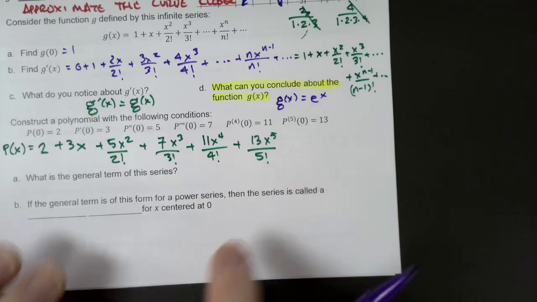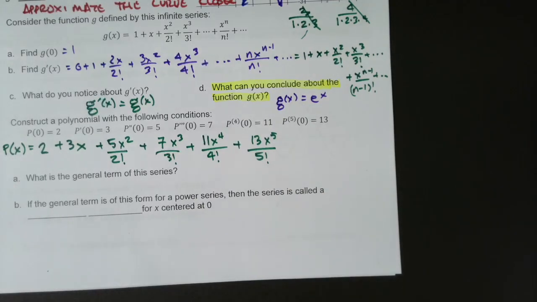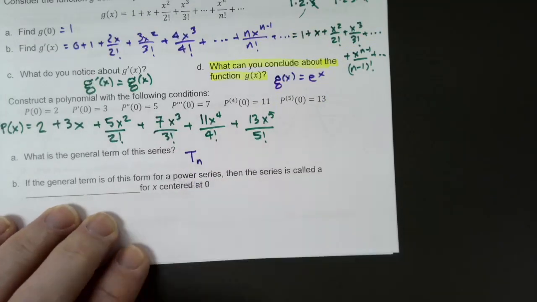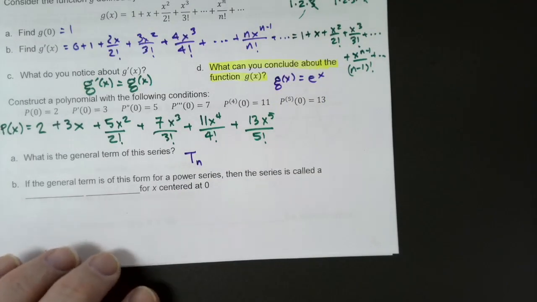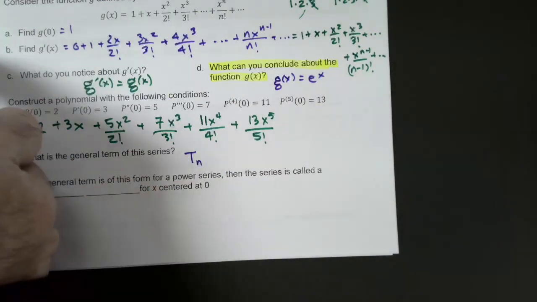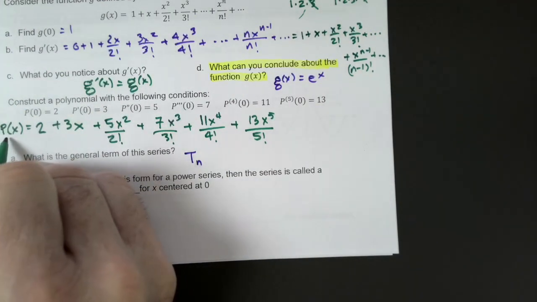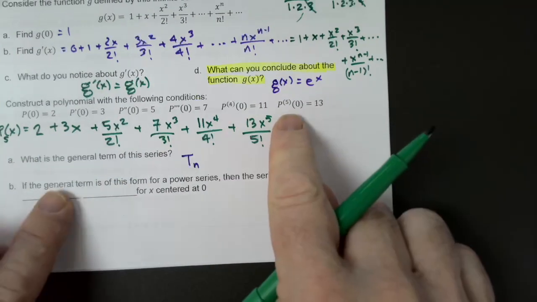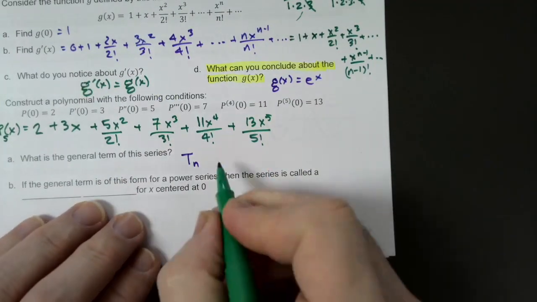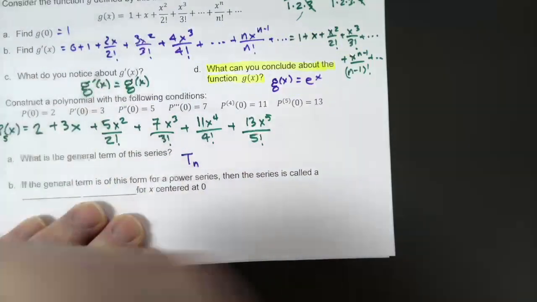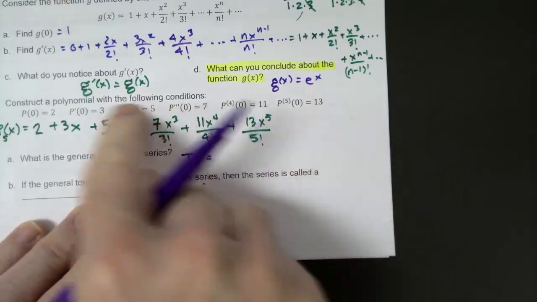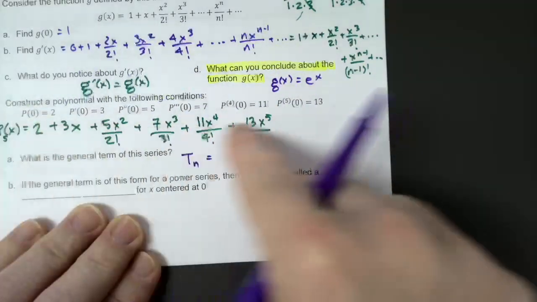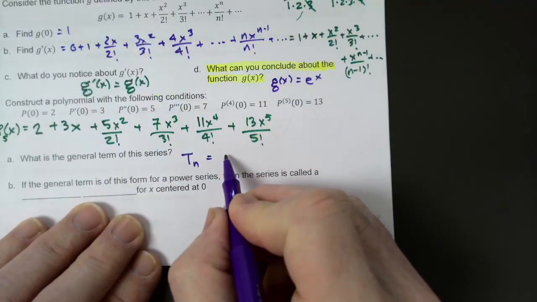Okay? And if we wanted to write the general series of this, I'm going to use a capital T here, and I'll use a little n in here. And if I wanted to, I could put like a 5 here because we're going to the 5th degree. Okay? But if I wanted to write every single one of these terms, I could write it like this.